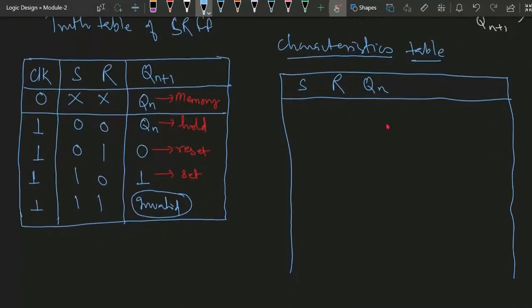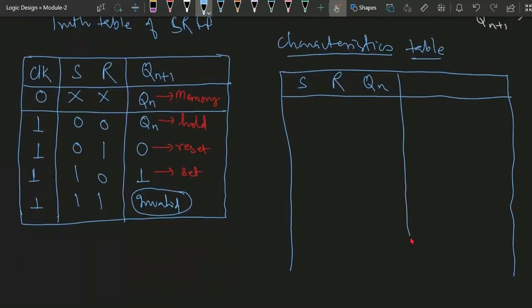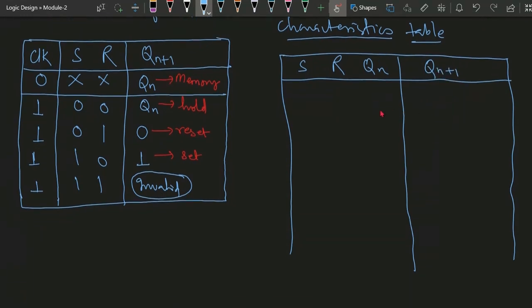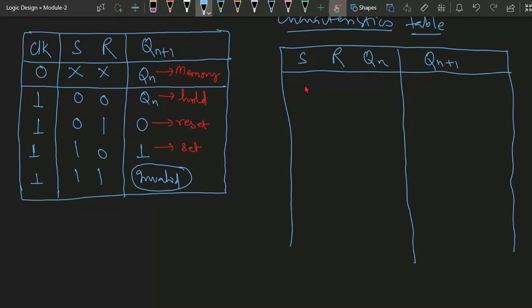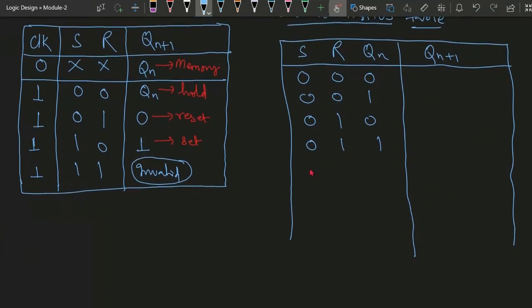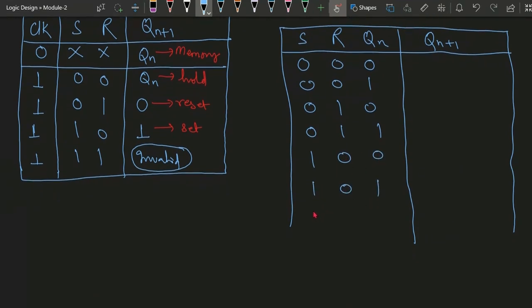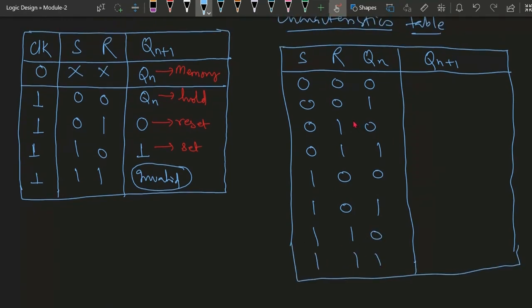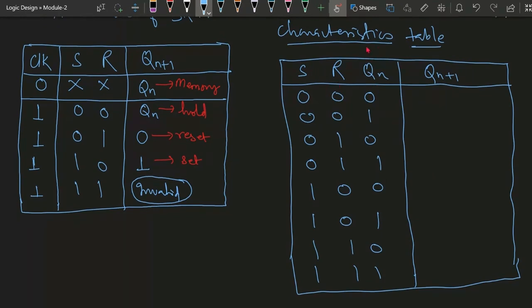These three will be the inputs, and the output will be the next state, Qn+1. If three inputs are there, the possible combinations will be 0 0 0, 0 0 1, 0 1 0, 0 1 1, then 1 0 0, 1 0 1, 1 1 0, 1 1 1. This is how the inputs will be represented in the characteristic table.